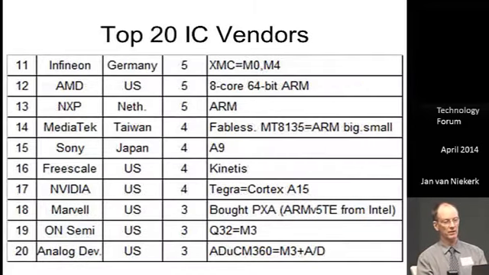There's the next 10, number 11 to 20, sorted by annual revenue. And again, on the right-hand side, you can see each of them make some ARM products. The 10 on the top page, maybe except for ST Micro, which is kind of coming to the point where small guys like us can talk to them, or can go to a semiconductor distributor and buy chips from them.